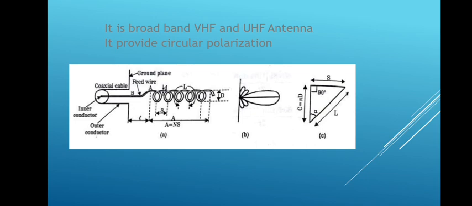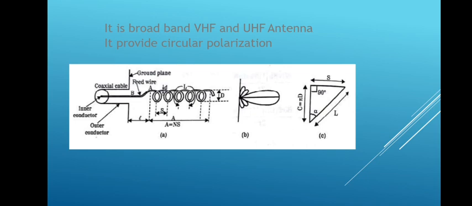Coming to the large loop antennas, the circumference is equivalent to 1 lambda. But the small loop antenna is very short, that is, 0.1 lambda to 0.02 lambda is the length of that antenna.